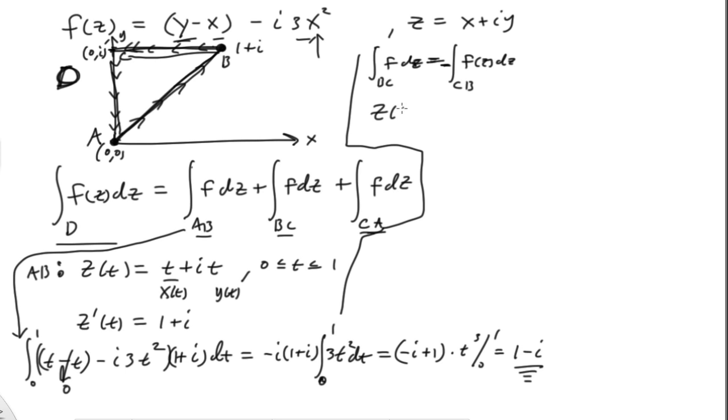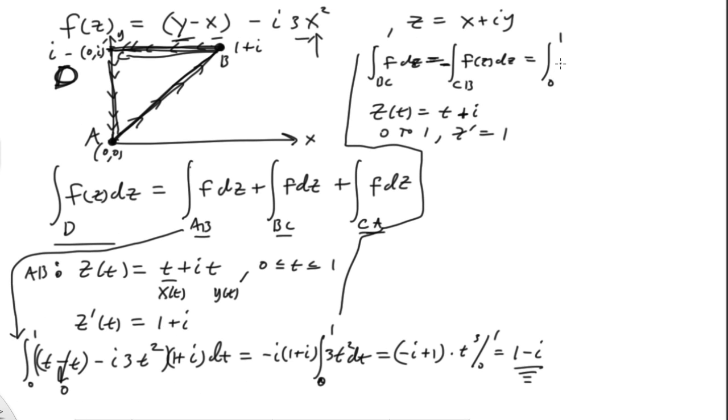In which case I have z of t is equal to t, which is the x value, and it's going along there, but it's up at i, right? So we're going to go plus i, and that gives us a way to write this path, this contour here. And that's going 0 to 1, in which case we can write z prime is equal to 1. Then we can write this integral as 0 to 1, and we have to put our values in there.